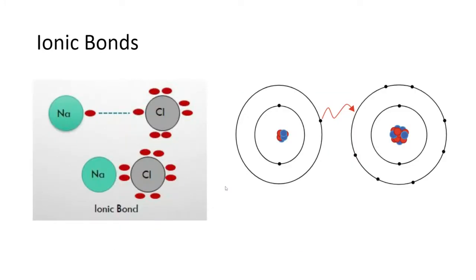We have ionic bonds. These are where electrons are given from a metal to a nonmetal. An example of this is sodium chloride, which is table salt. The valence electron from sodium is given to the chlorine.